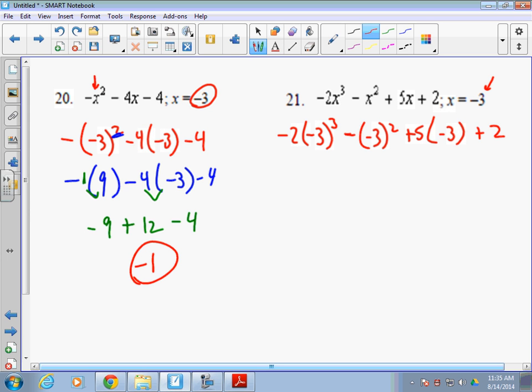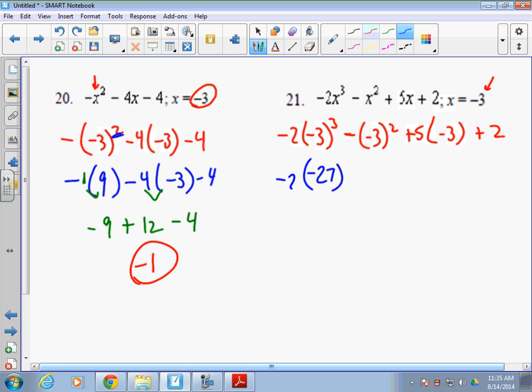So do your exponent step now, because there's nothing you can do to manipulate what's inside of the parentheses. Negative 3 to the third power means negative 3 times negative 3 times negative 3. We know a negative times a negative is going to be a positive 9, and then positive 9 times negative 3 is going to be negative 27. So that's evaluating that exponent.